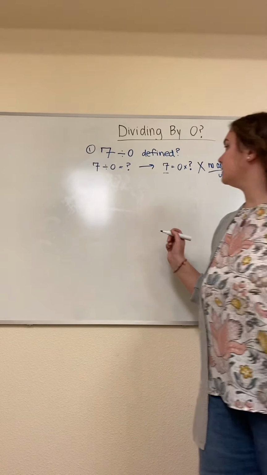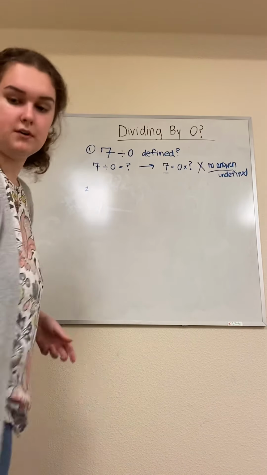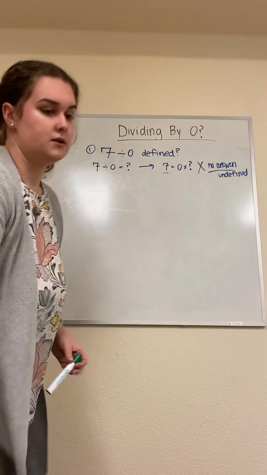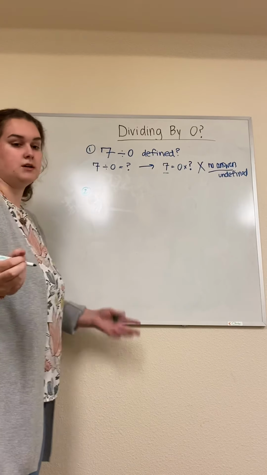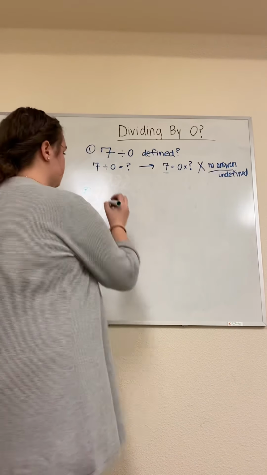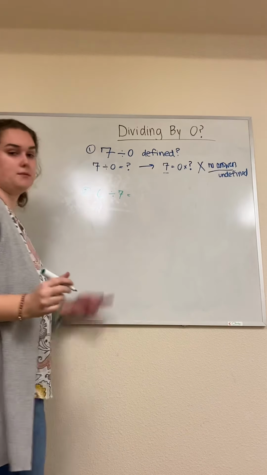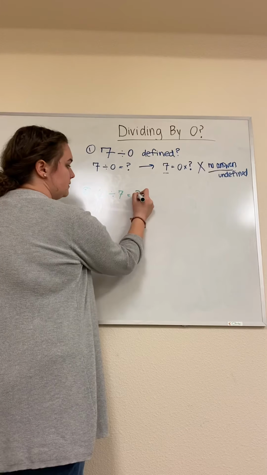Then if we look at our second problem, the second problem that we're going to look at for using 0 in division is 0 divided by 7. So the opposite. You would have 0 divided by 7 equals something.